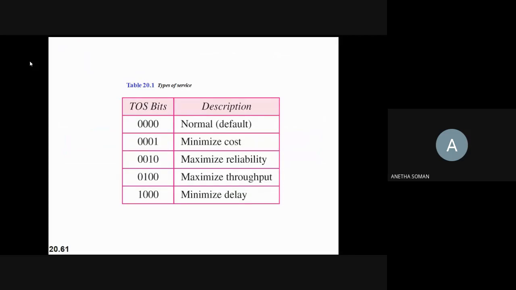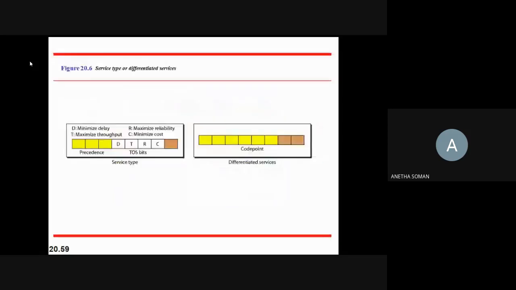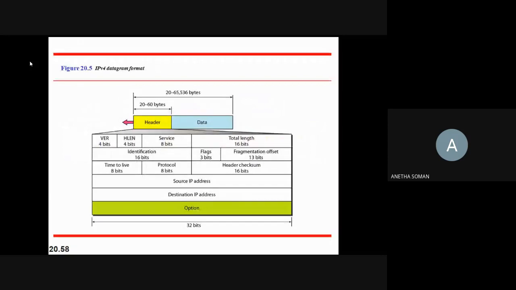Depending upon the values, you can identify which service is required. If the value is 0001, the IP datagram requires the low cost service. That is specified in the service type field.